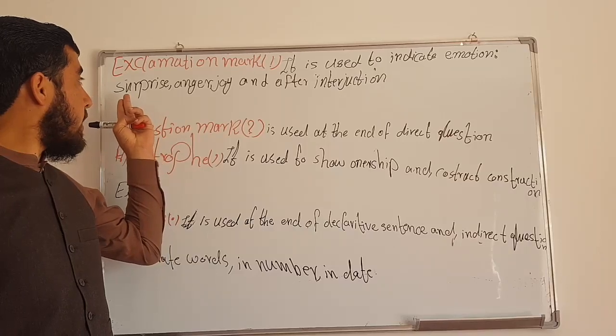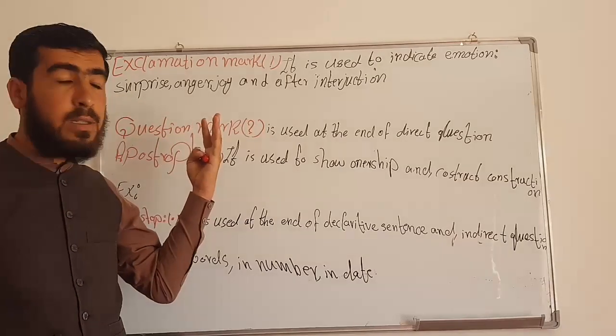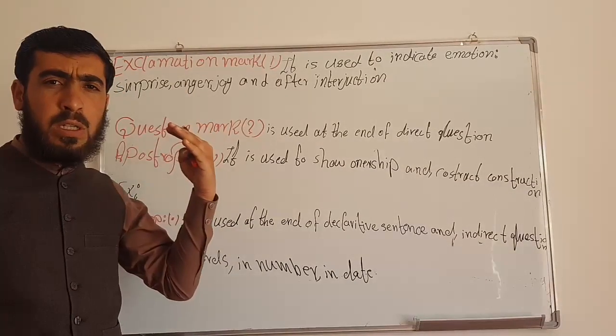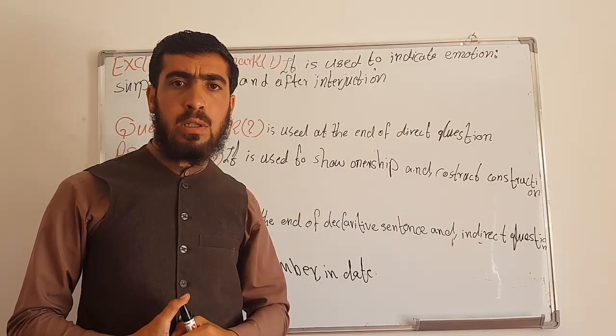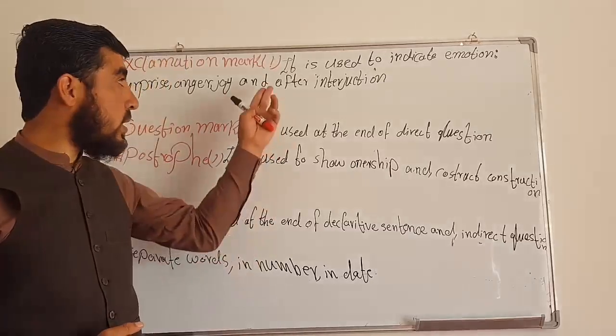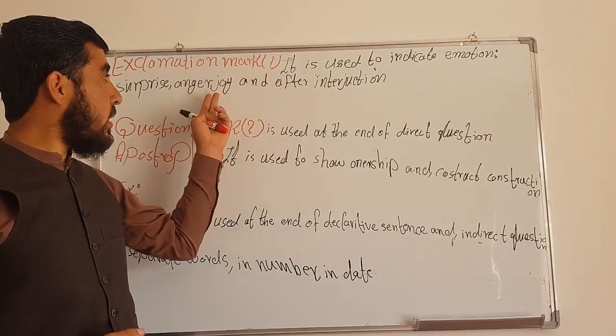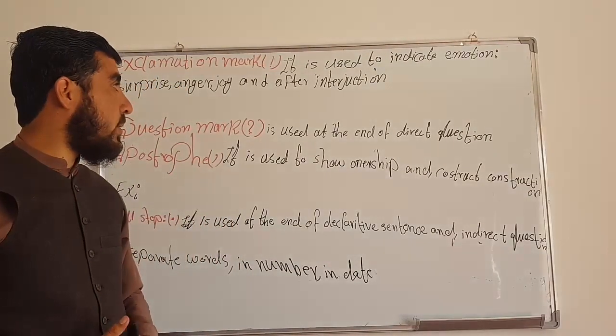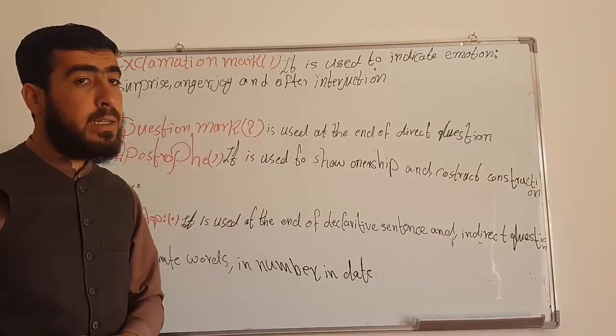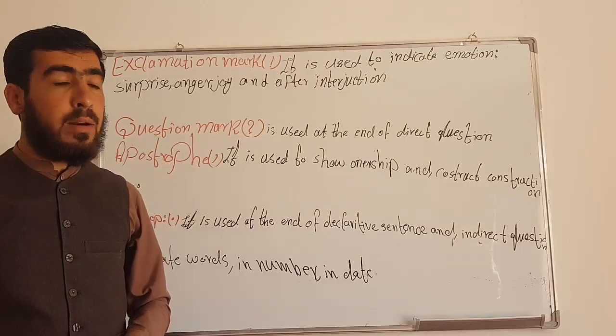Surprise, for example, someone is surprised, or anger, someone is angry about something, like why did you do that work, and we can use an exclamation mark. And joy, when you are happy, then we can use an exclamation mark. And after an interjection, right?